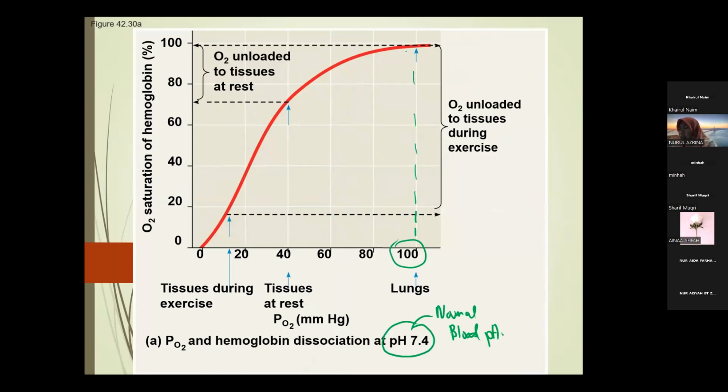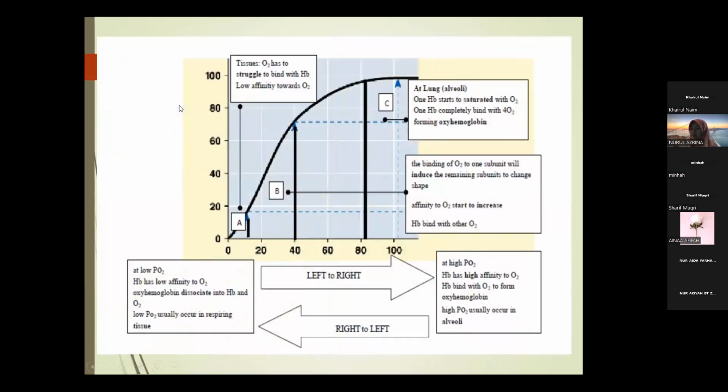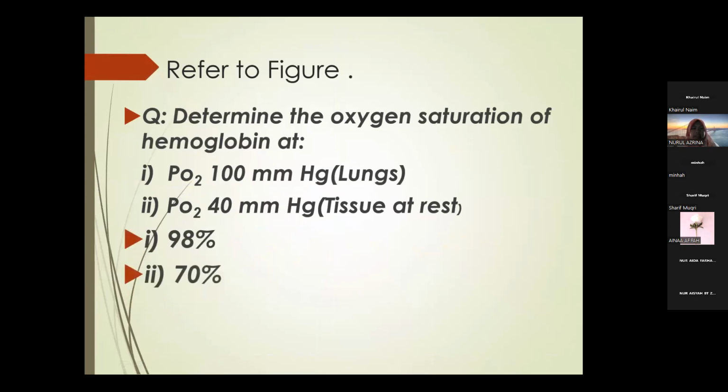Okay, so you can see from here, you can get that it is almost around 98%. And for tissue at rest, refer to this picture, it is around 70%. So that is the answer. Okay, 98% and 70%. Okay, next one.